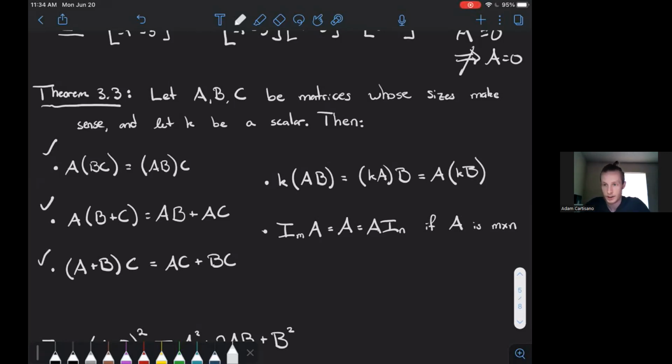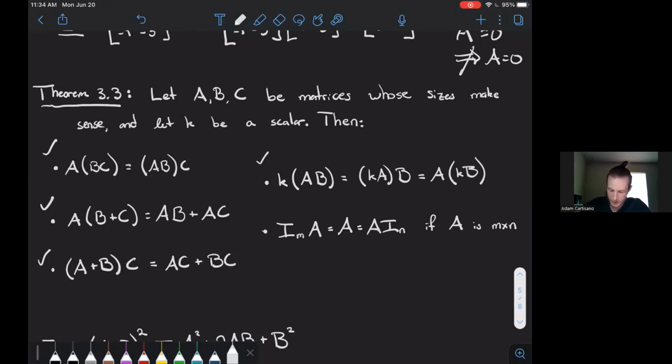If you add two matrices and then multiply, you could have just multiplied each matrix separately and then added the result when you were done. And that's whether you're multiplying on the left or on the right by a matrix. Scaling, so if you scale the product of two matrices, you could have scaled one or the other one first and then multiplied those two matrices, and you would have gotten the same output. This one is not too bad to prove.